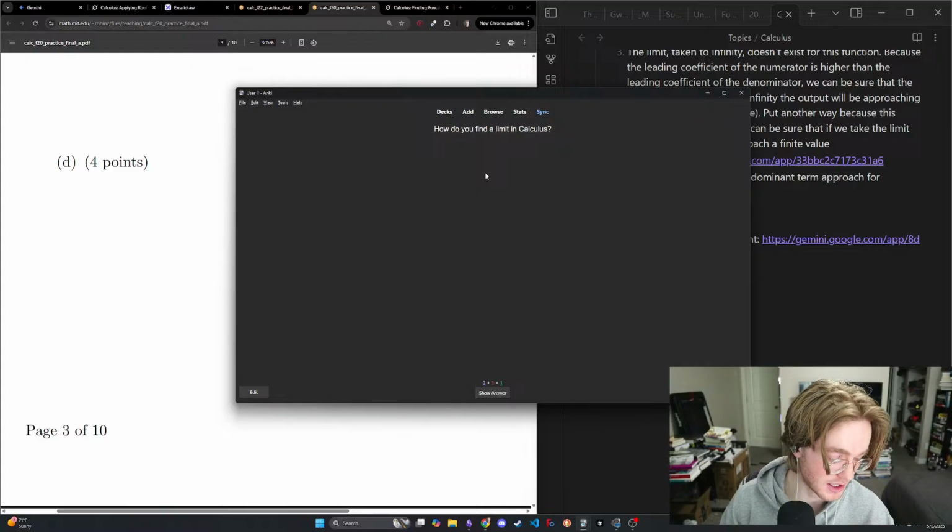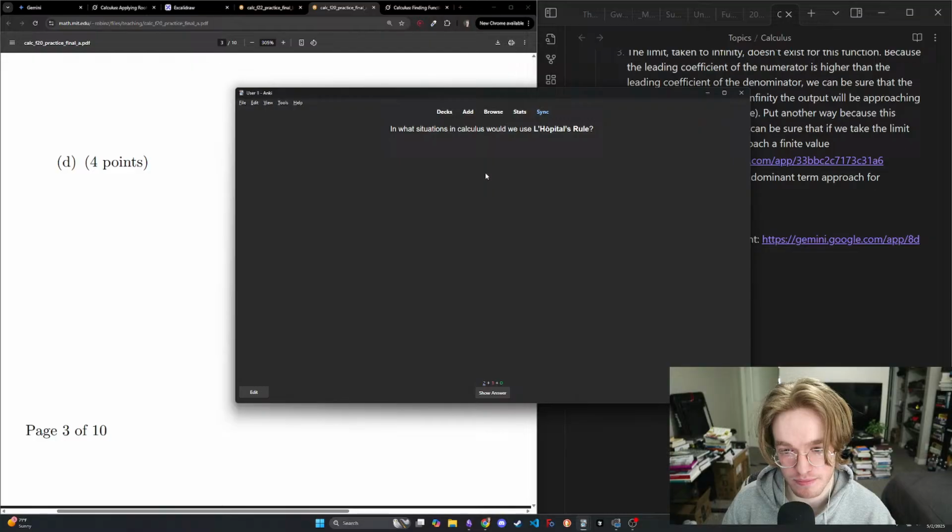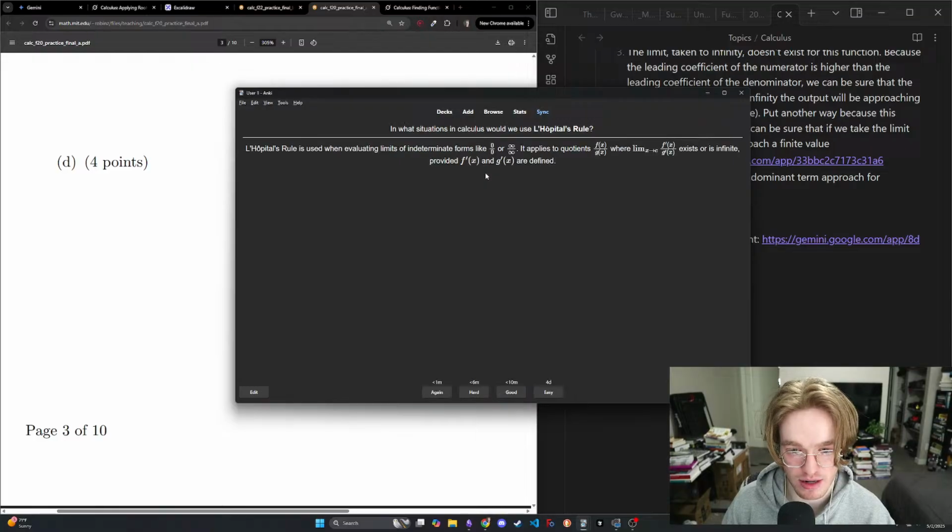That's the limit. Additionally, if we have an indeterminate form, we can use L'Hopital's rule, or we can factor, rationalize. With an indeterminate form, we take the derivative of the upper and lower ones, and we try to take the limit again.